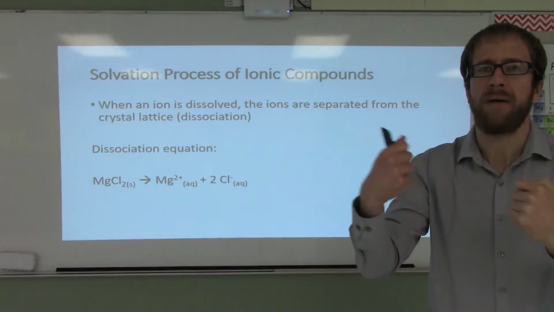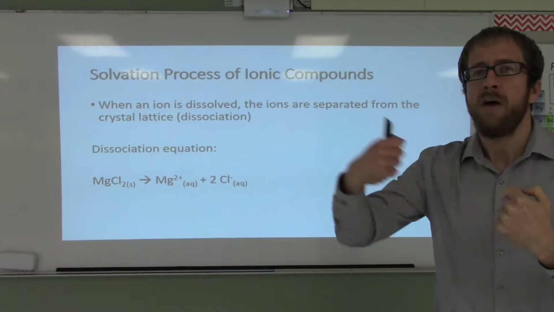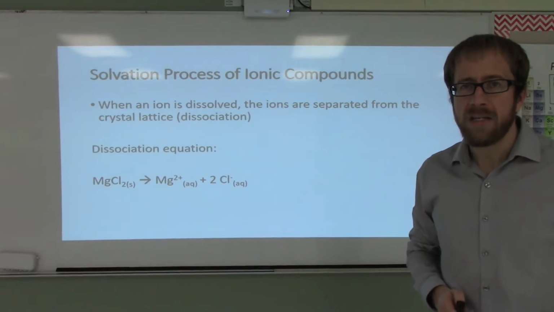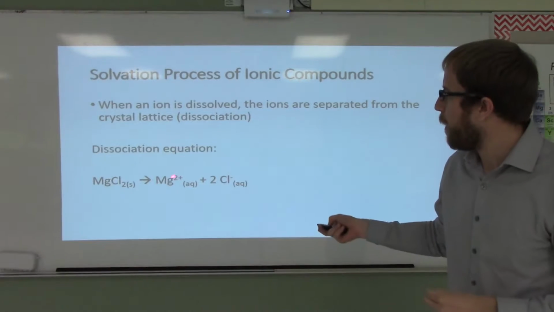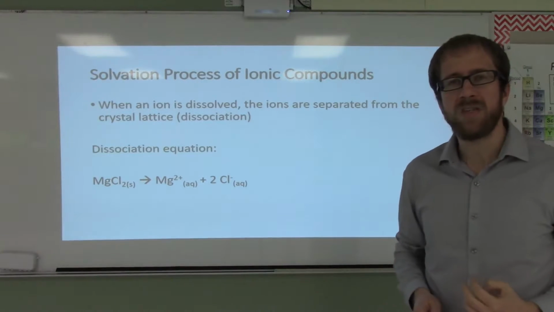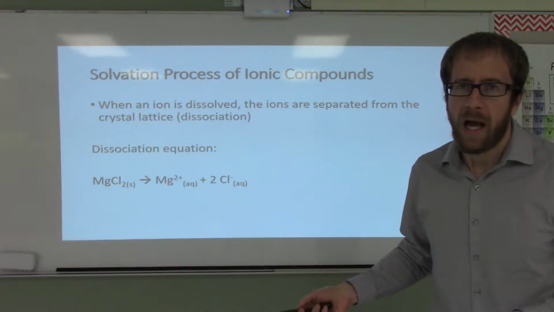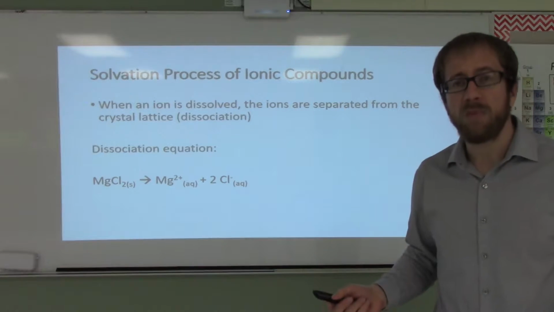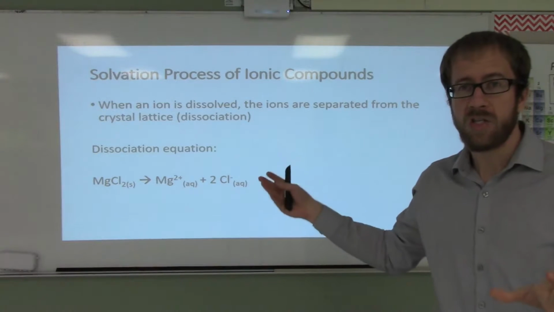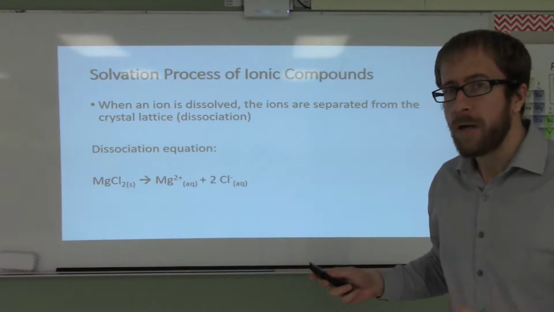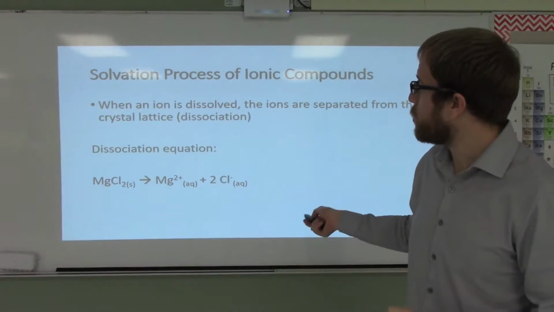We have to dissociate those ions from the crystal lattice in order to dissolve them. And once dissolved, here we have what's called the dissociation equation. Now for any ionic compound, once those ions are split up and they are dissolved in the solvent, in this case water, we have this equation.